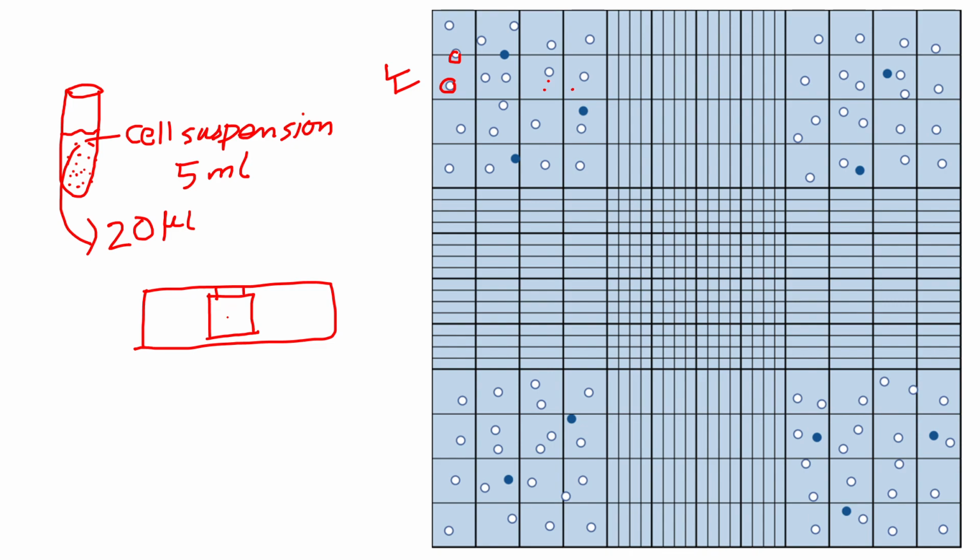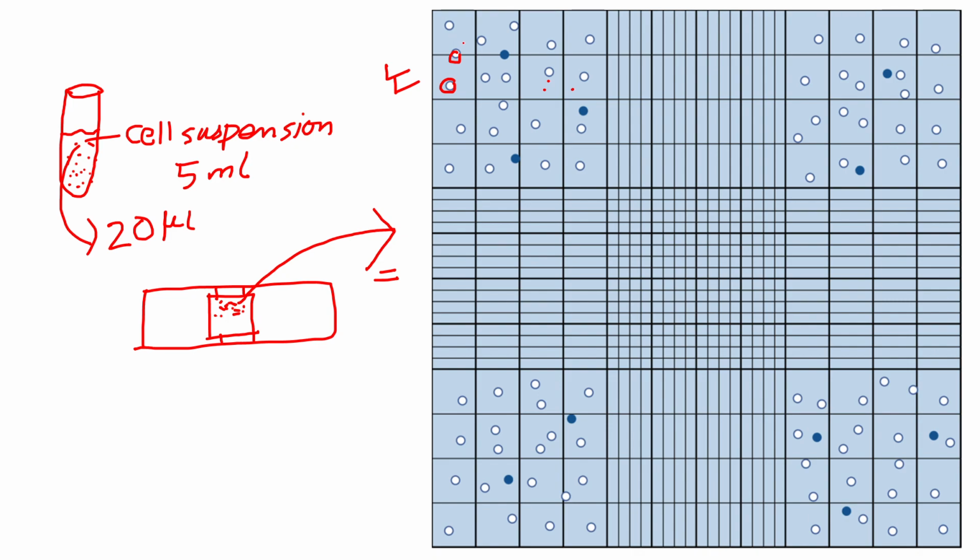There is a cover slip on the haemocytometer slide, and you put this cell suspension in this groove. When you put it, the cells spread over here, and this is observed under magnification in the microscope like this.